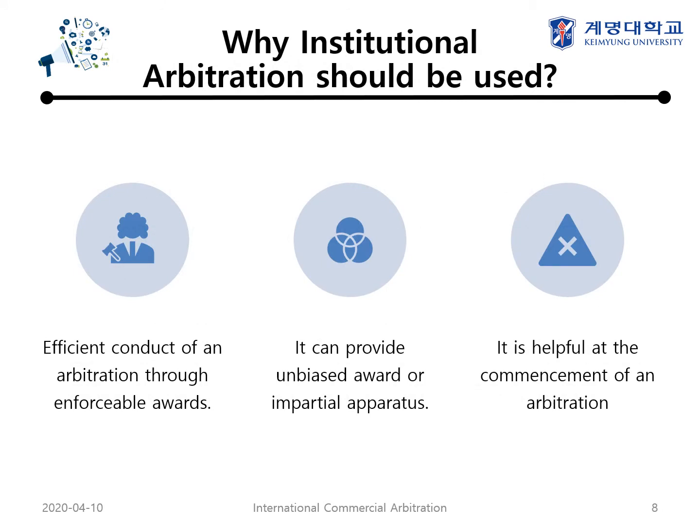What are the reasons why some companies or parties choose to use institutional arbitration? Number one, there is an efficient conduct of arbitration through an enforceable award. Because in institutional arbitration, there are available pre-established rules and procedures which ensure that the process begins in a timely manner.